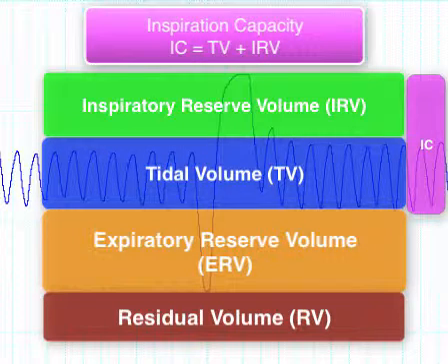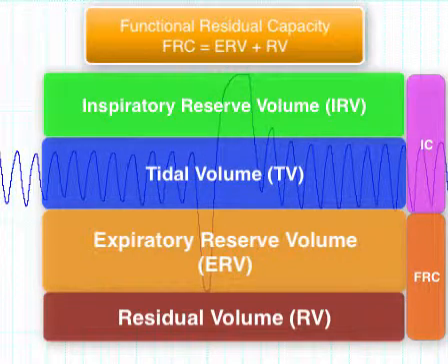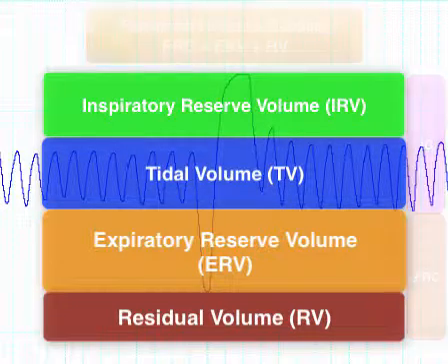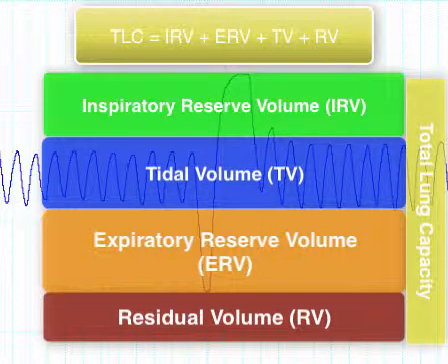Inspiratory capacity, or IC, is the maximal volume of air that can be inhaled after normal expiration. Functional residual capacity, or FRC, is the volume of air remaining in the lungs after normal expiration. Total lung capacity, or TLC, this is the volume of air in the lungs at the end of a maximal inspiration.